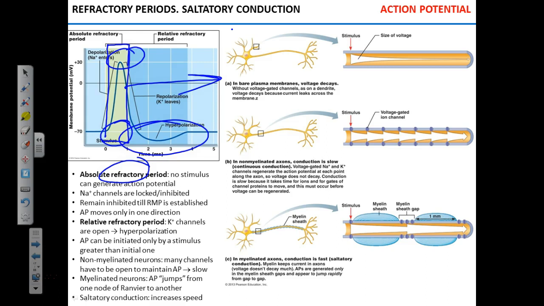So if, say, this is the threshold, if you need to depolarize the cell from the level of resting membrane potential, that's the depolarization you have to produce. If you need to depolarize the cell from the level of hyperpolarization, that's the level you have to produce.